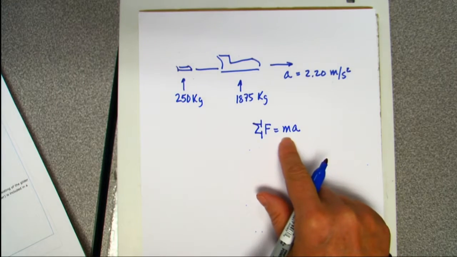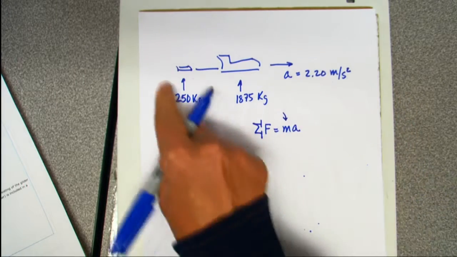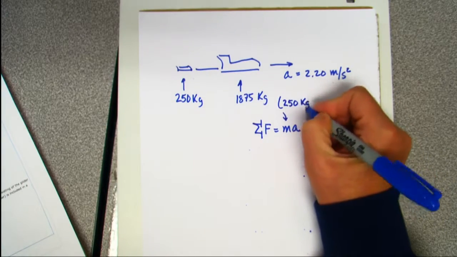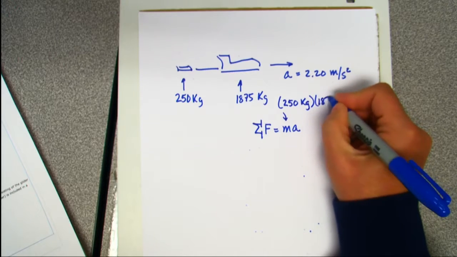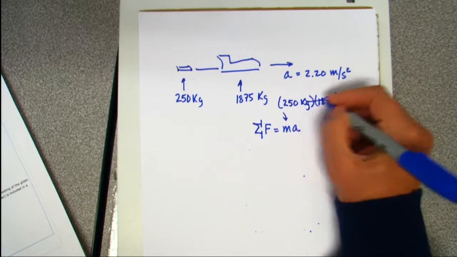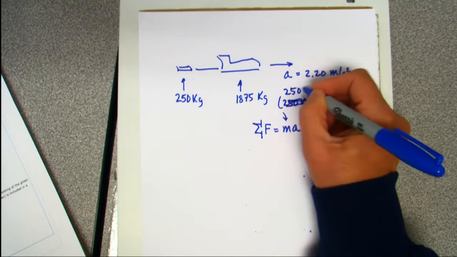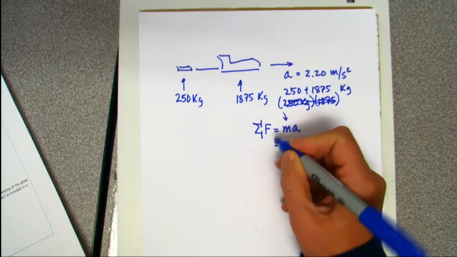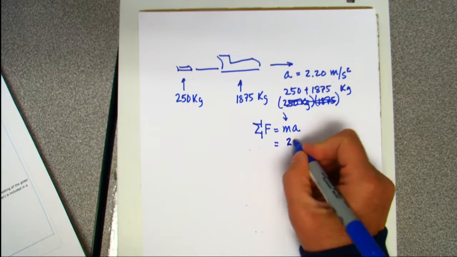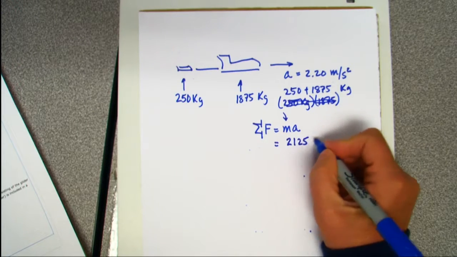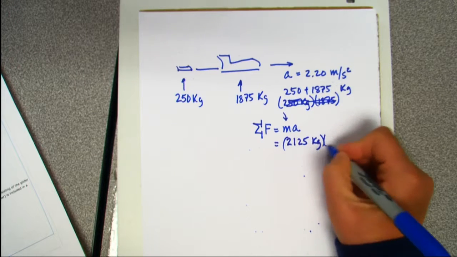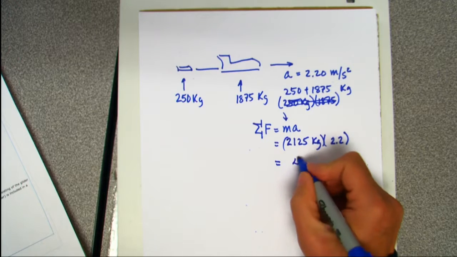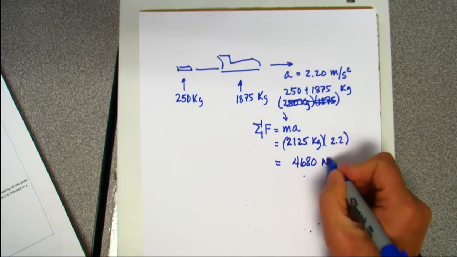The trick here is that the mass, for this whole situation, is the 250 kilograms plus the 1875 kilograms, which gives a total of 2125 kilograms, times my 2.2, which gives me 4680 newtons.